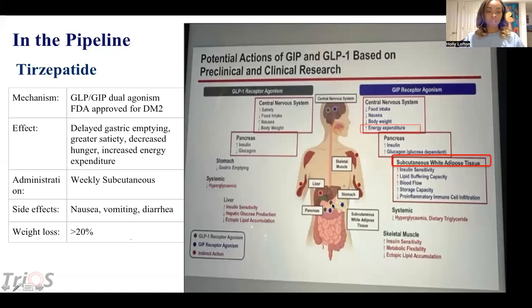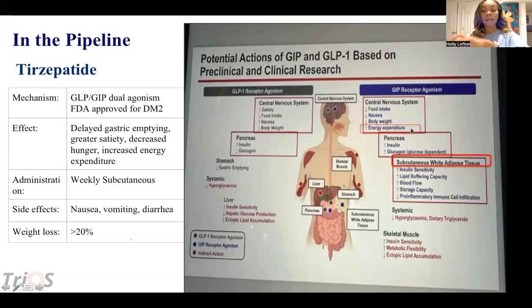All right, so we'll talk about tirzepatide. I'll try to push through this. Tirzepatide has dual agonism, GLP-1 and GIP. What I've highlighted in the diagram are some of the benefits of GIP, because we don't really know a lot about GIP; there's so much emphasis on GLP. One that we don't see with any other medication is increased energy expenditure.